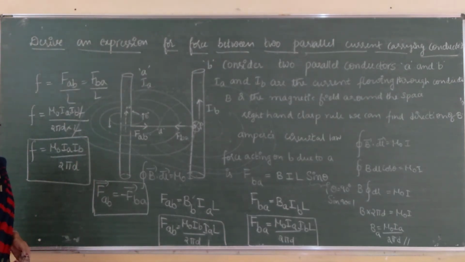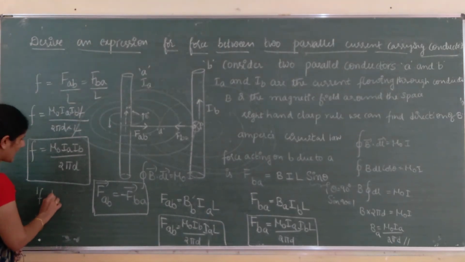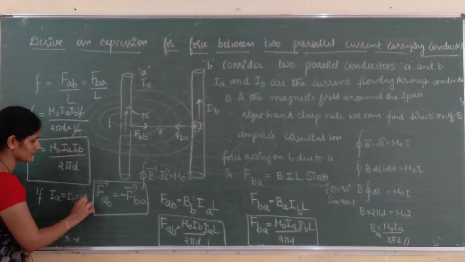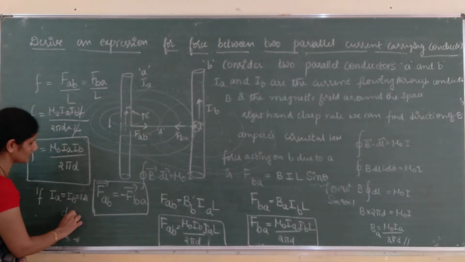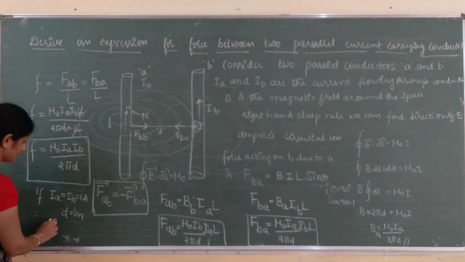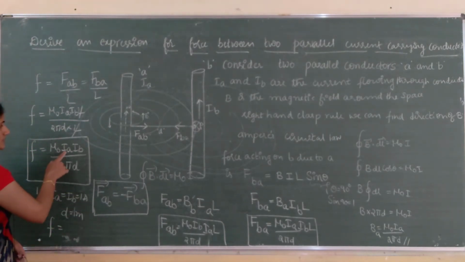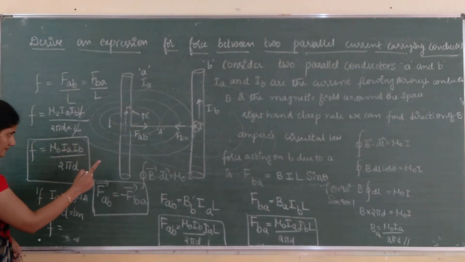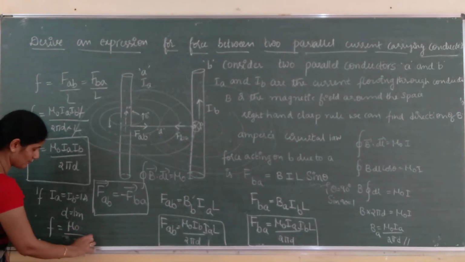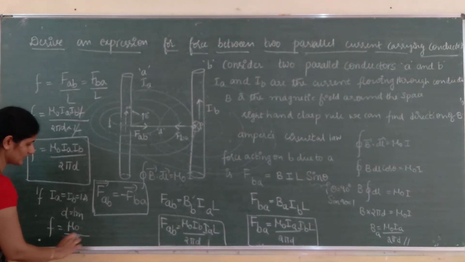If I_A is equal to I_B is equal to 1 ampere and the distance between the conductors d is equal to 1 meter, then f is equal to 1 into 1 into mu naught divided by 2 pi into d, which is 1.